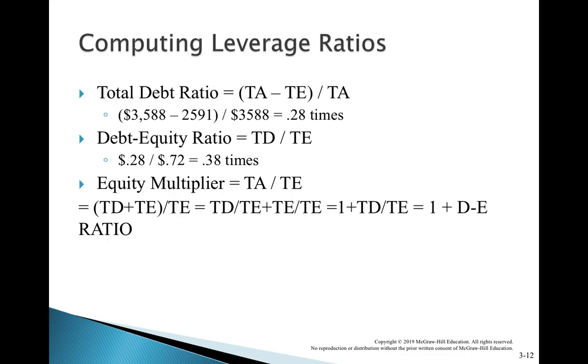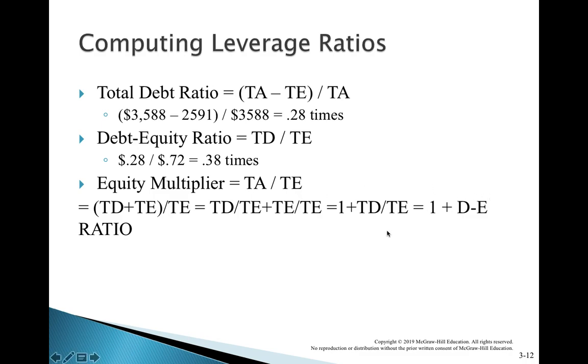If someone asks you a multiple choice question, if the debt equity ratio is 0.38, what is the equity multiplier? Straight add 1 to that. Once you add 1 to the debt equity ratio, you will get the equity multiplier.